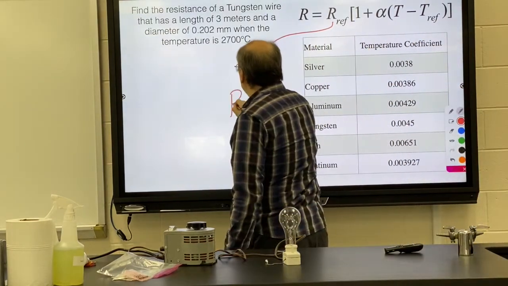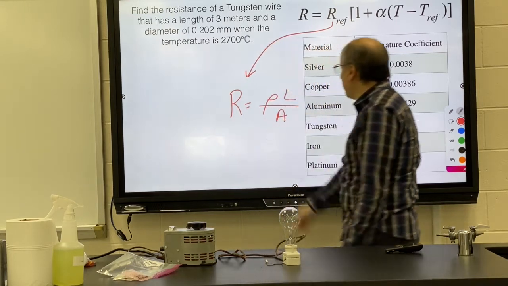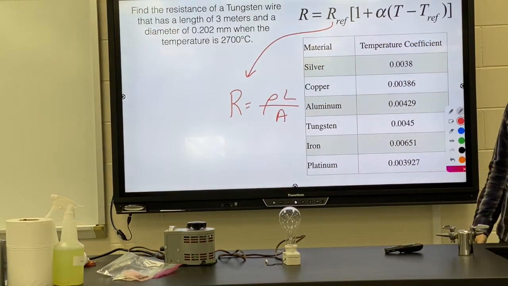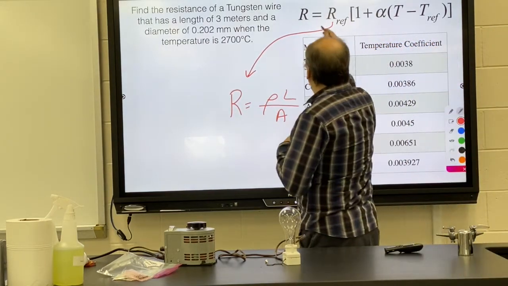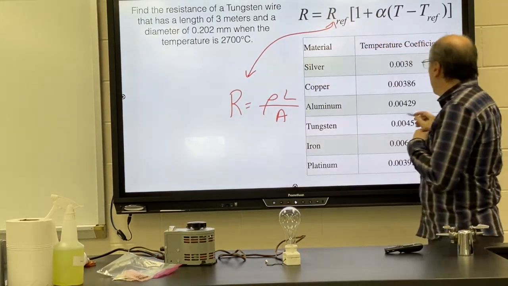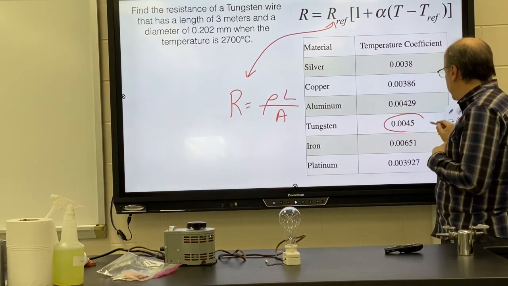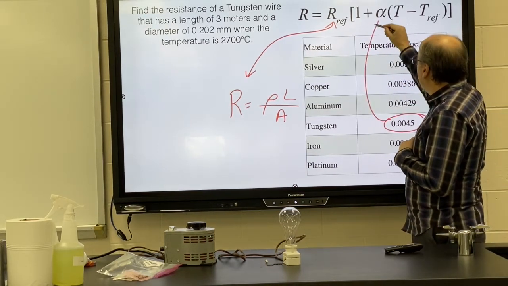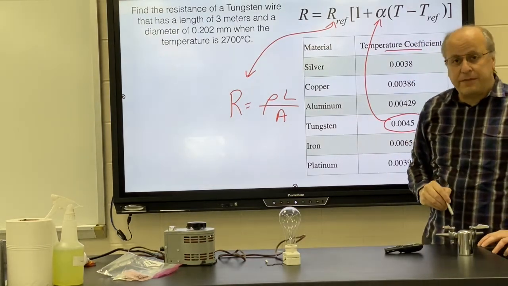You do that using the formula from last year. Okay, once you know the resistance at room temperature, you plug that into here. You plug in the material, so in this case we happen to be using tungsten. And you plug in the temperature coefficient. It goes by the letter alpha.